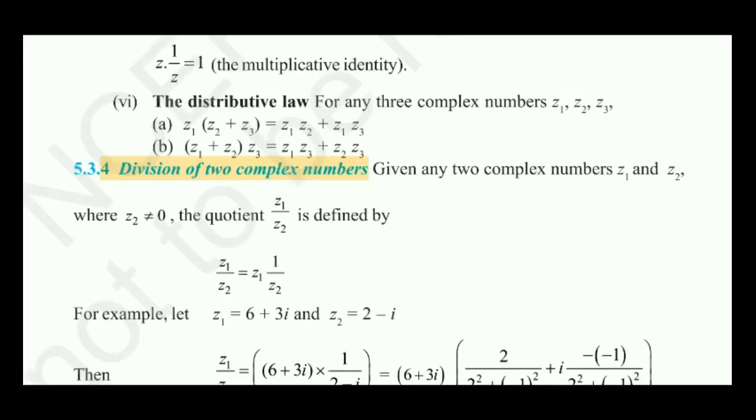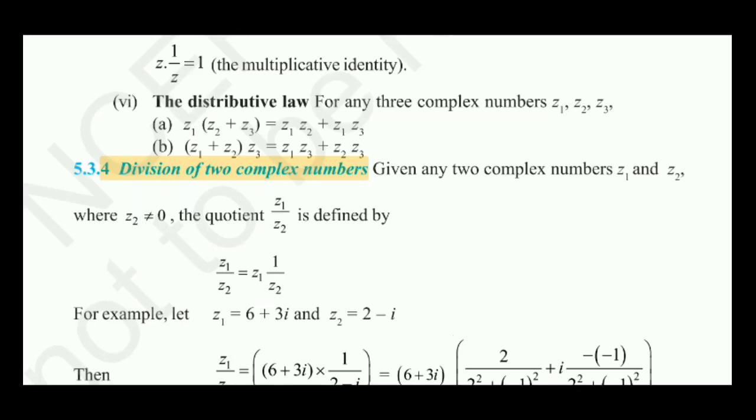Now students, we will start division of two complex numbers. Let us suppose two complex numbers z1 and z2, where z2 is not equal to 0, and the quotient z1 upon z2 is defined by z1 upon z2.